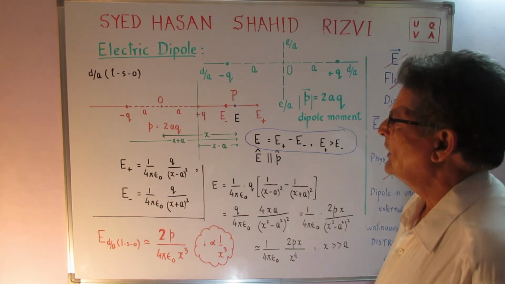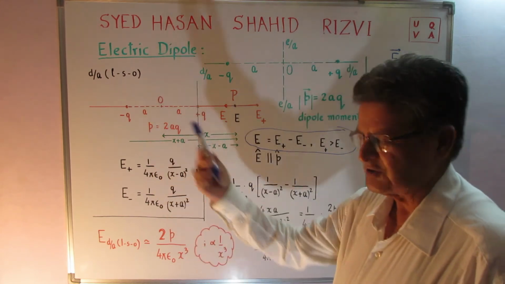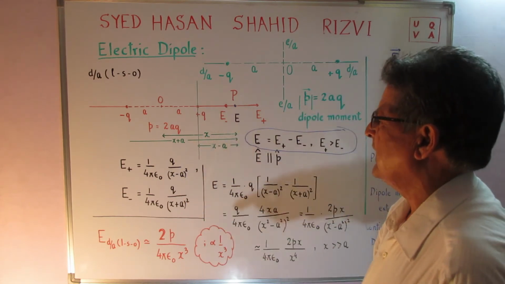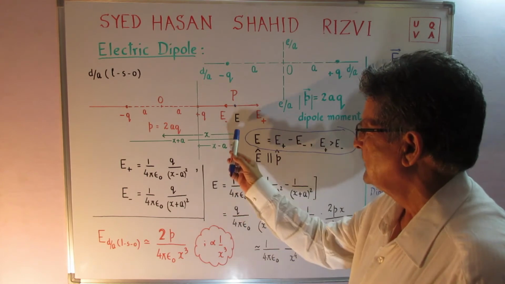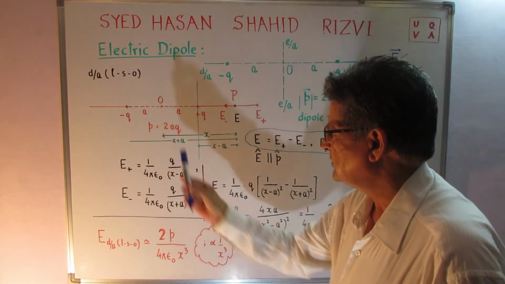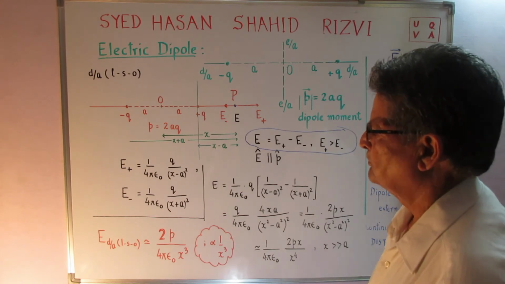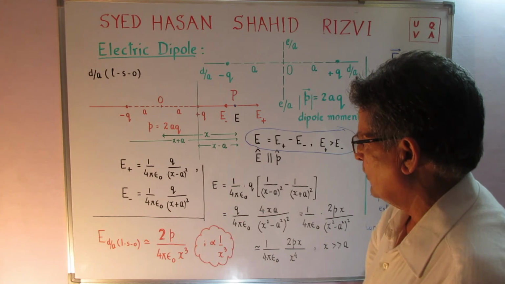Okay. So let me now calculate and write the value of E plus: 1 upon 4 pi epsilon naught Q upon x minus A whole square, because this separation over here is equal to x minus A. This is x and then minus the A part. E minus is 1 upon 4 pi epsilon naught Q upon x plus A whole square.